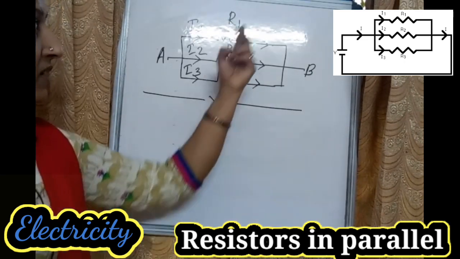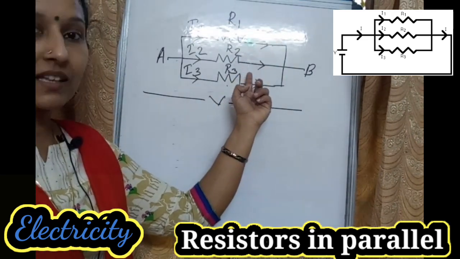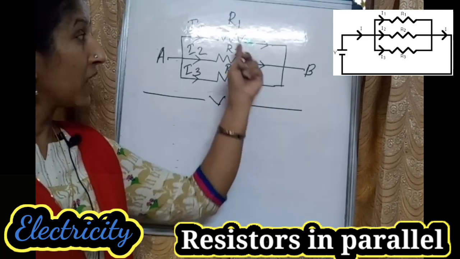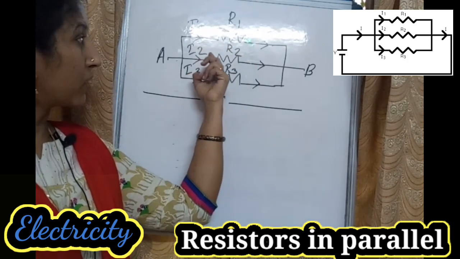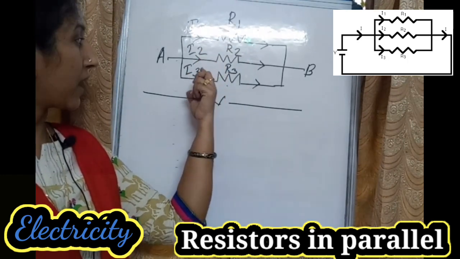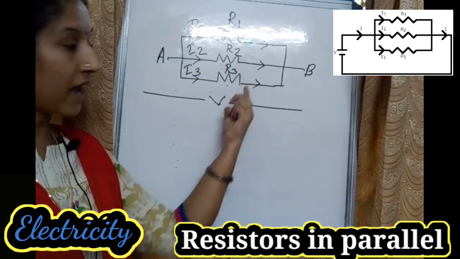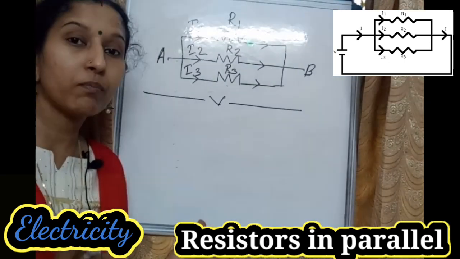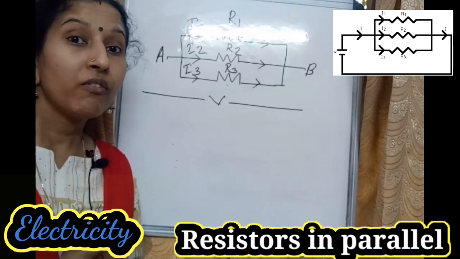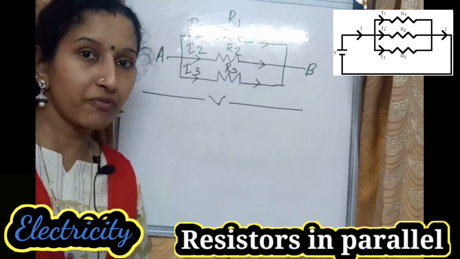V is same in parallel connection. In parallel connection, what is same? V same and I is different, right?